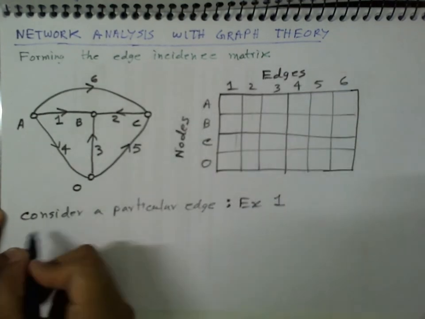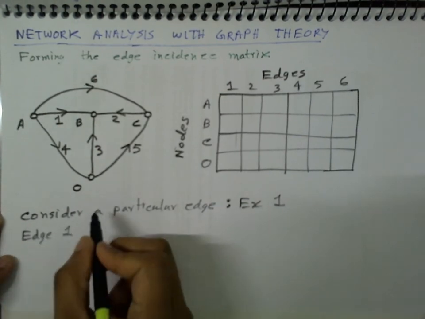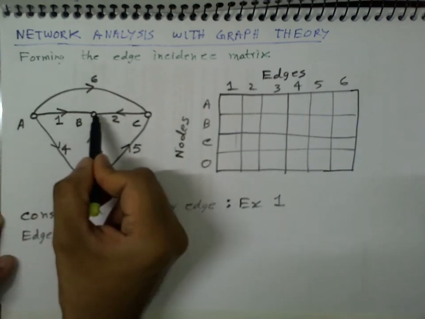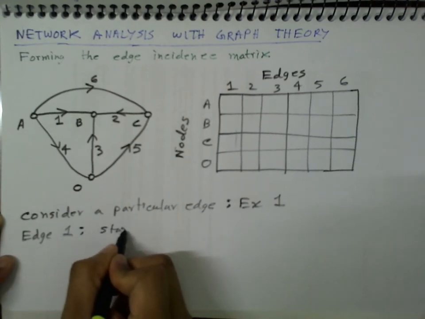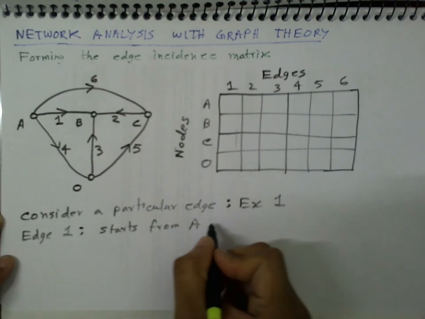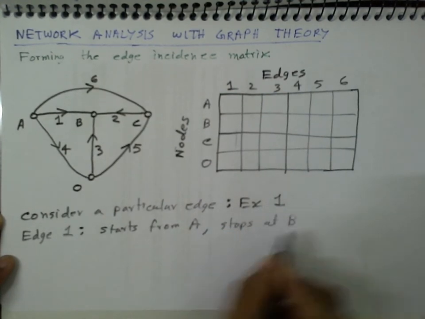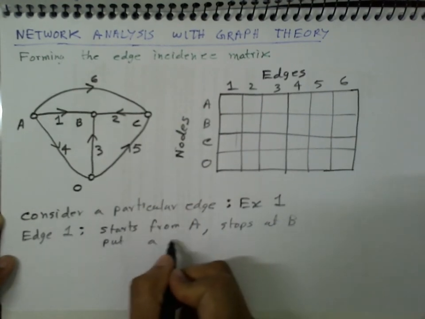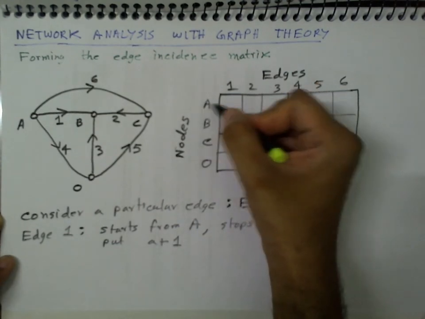This edge, so edge 1 is here, so it starts from node A and stops at node B. Edge 1 starts from A and stops at B. So we will put plus 1 against this node A.